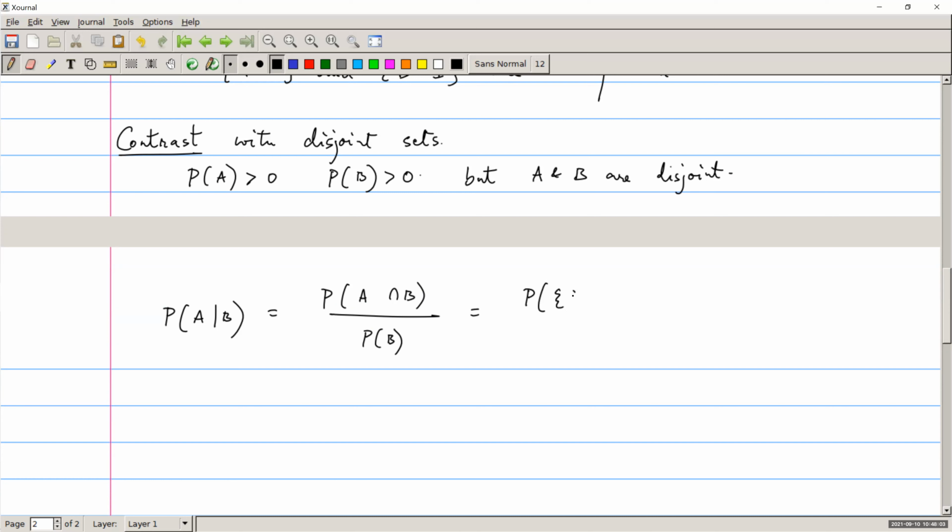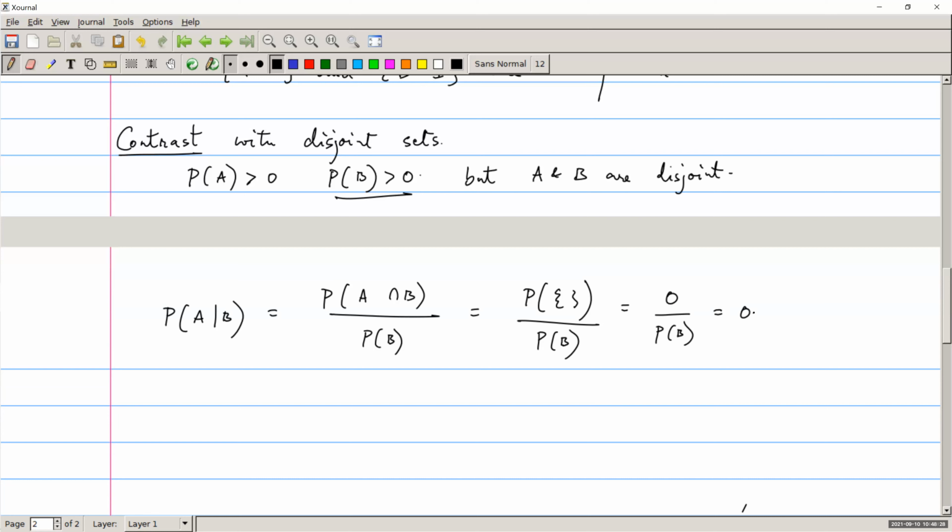Right, so A intersection B is the empty set, divided by the probability of B. The probability of the empty set has to be 0. We saw that when we were assigning probabilities, there's no other option for us. Divided by the probability of B, but we know that the probability of B is not 0. So this is safe. So this will be equal to 0.